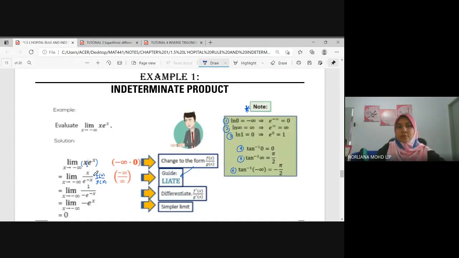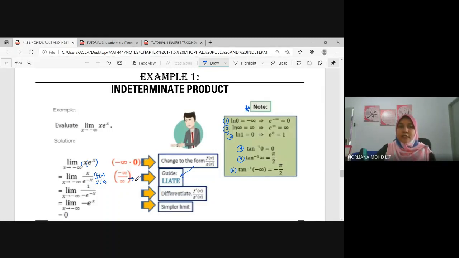Okay, so we get the new form, limit of x over e to the power of negative x. Then we substitute x equal to negative infinity into this function. We have negative infinity over infinity, so this is an indeterminate form.